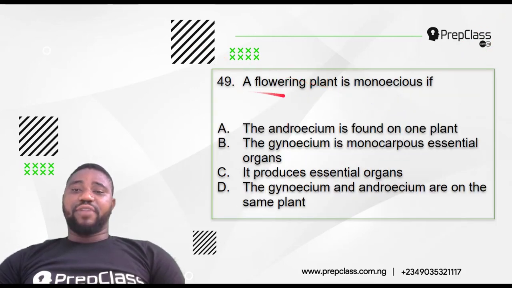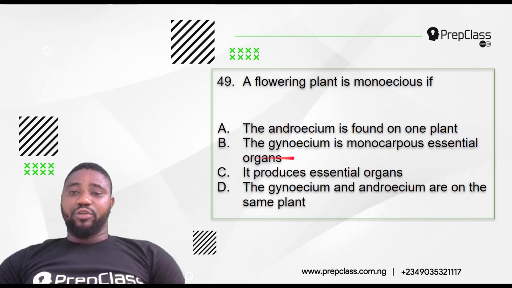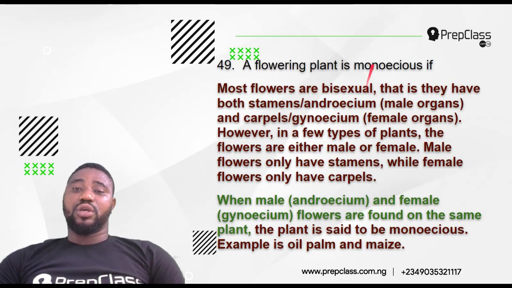49. A flowering plant is monoecious if the gynoecium and androecium, the essential organs, are on the same plant. When is a plant said to be monoecious? Now look at the explanation I gave here.